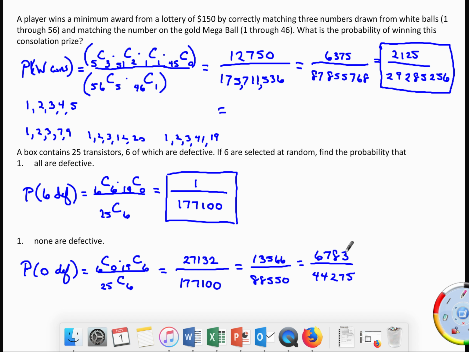They're not even. This one's not divisible by 5. It's not divisible by 6. We better try 7. Okay, this one's divisible by 7. Oh, and so is the denominator.